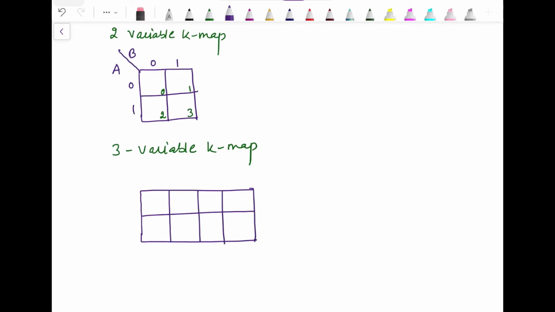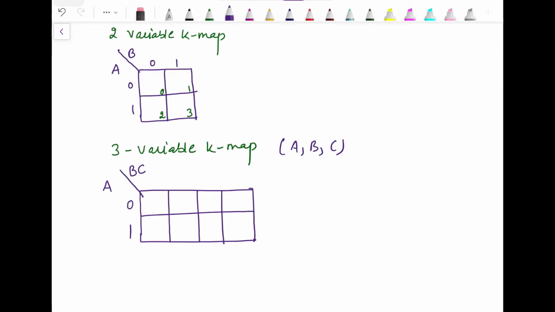This is how it looks. 3 variables A, B, C. Again we will write the MSB on this side and the remaining variables on this side. A can be 0 or 1. Now since on this side we have 2 variables B and C, they can have 4 possible combinations. Now we need to write all the 4 combinations for labeling the columns of this K-map.